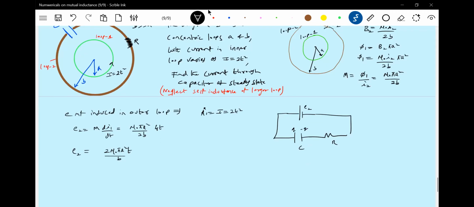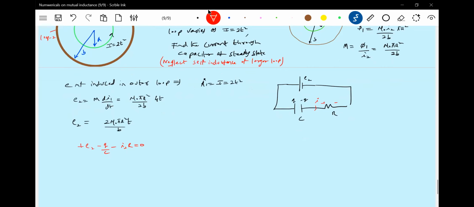Q minus Q, and the current I will flow. These are the polarities, so the equation will be plus C2.